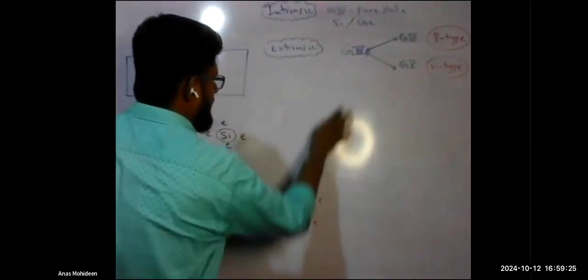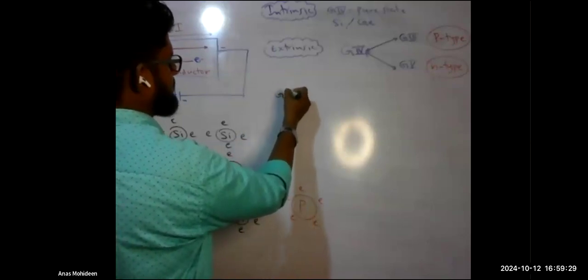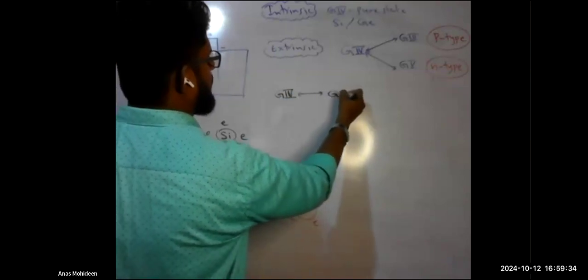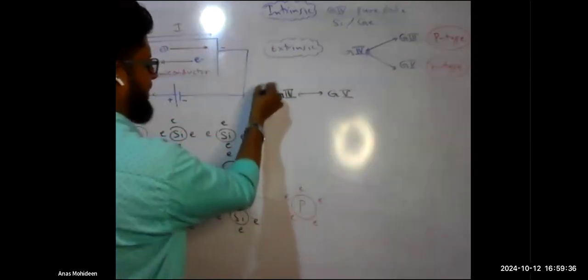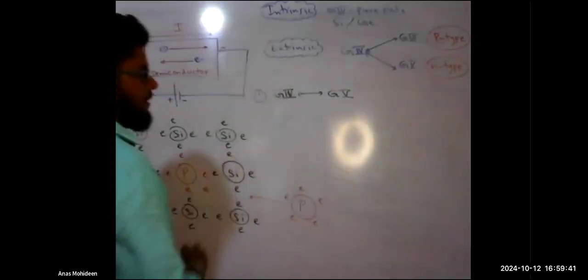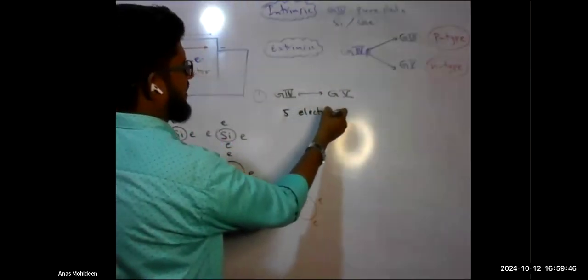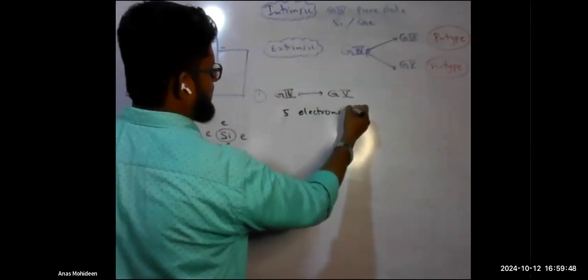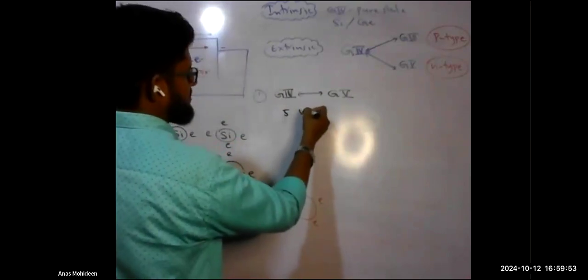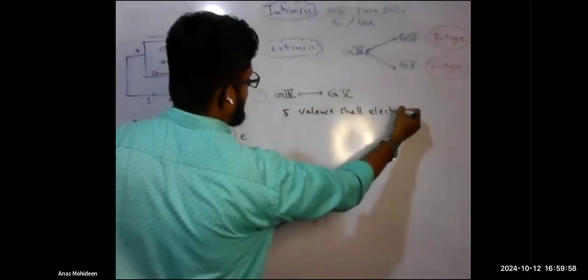So you see, group 5 combined with group 4. They have 5 valence shell electrons.